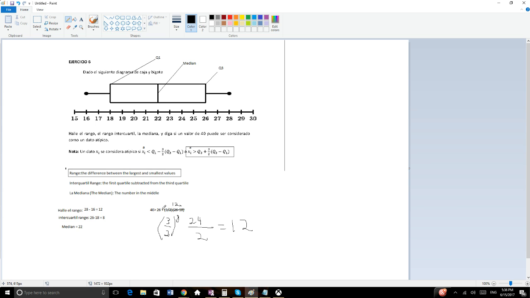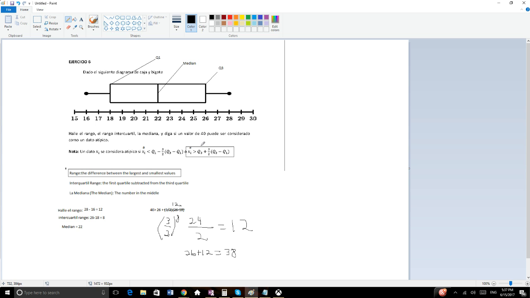All right. So now we want to know if 40 is greater than 26 plus 12. So 26 plus 12 is equal to 38. Okay, so we know that 40 is actually greater than 38.